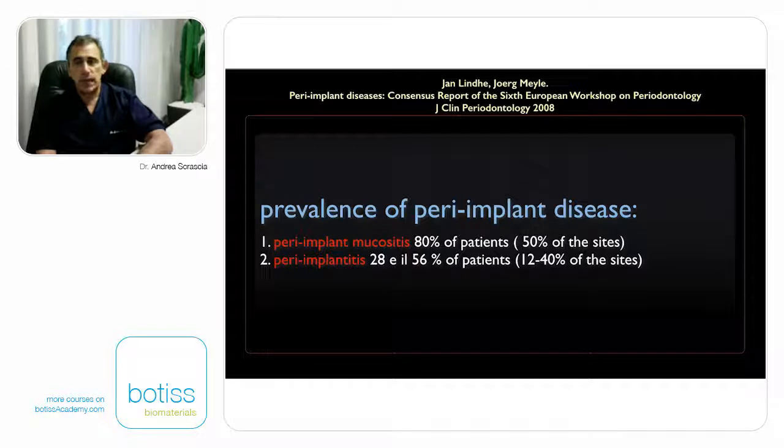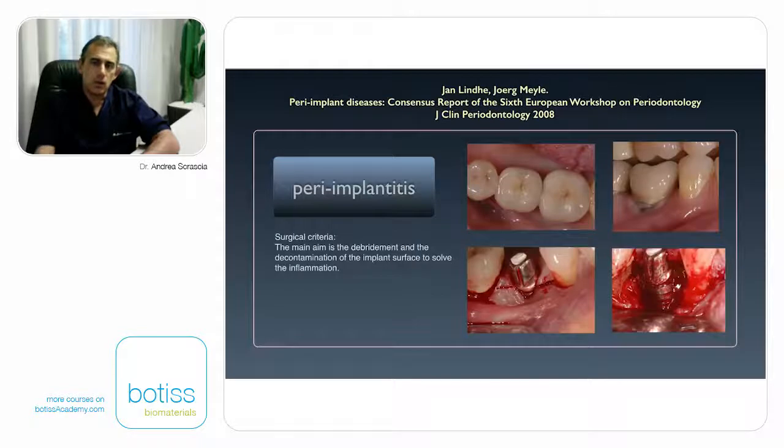and that between 28 to 56% of patients will have periimplantitis. What can be done in periimplantitis?